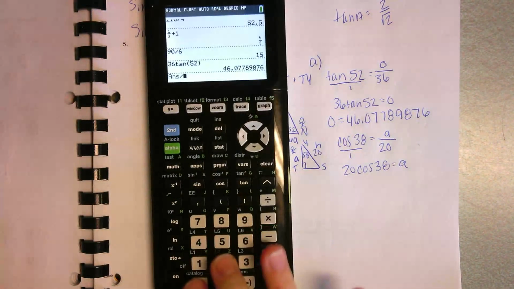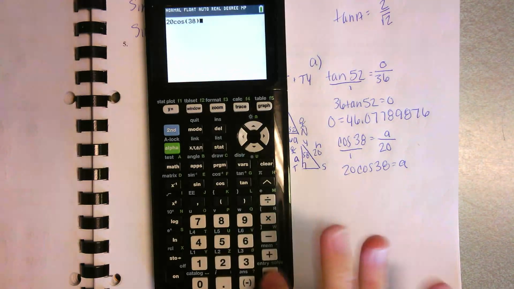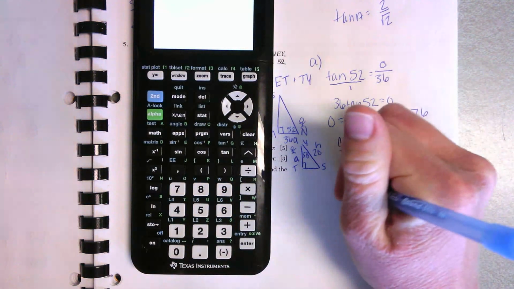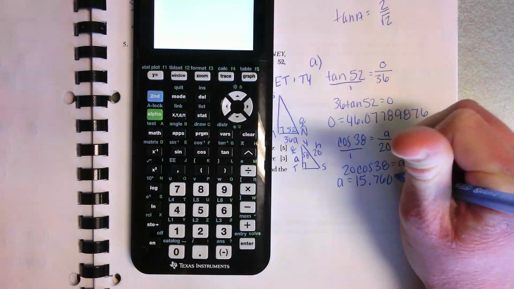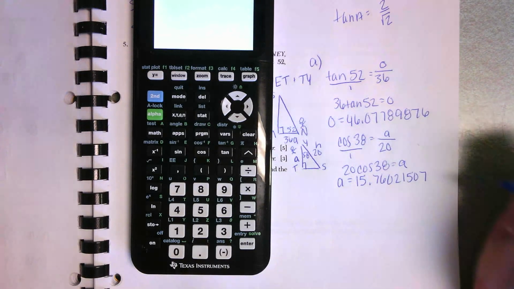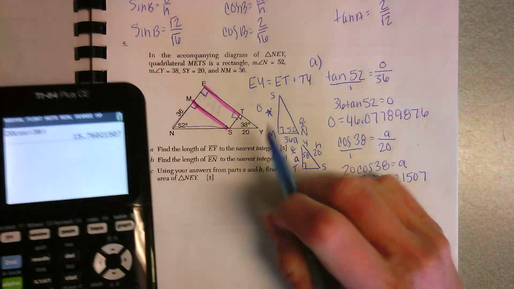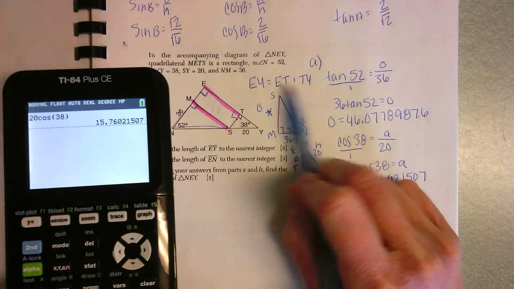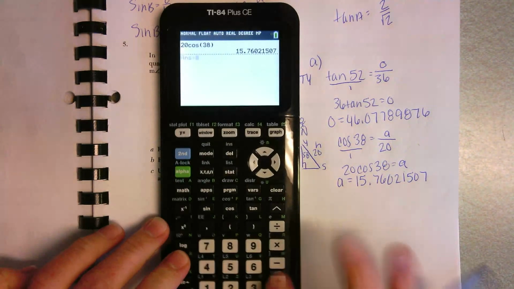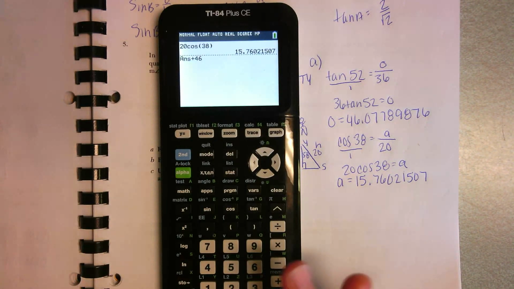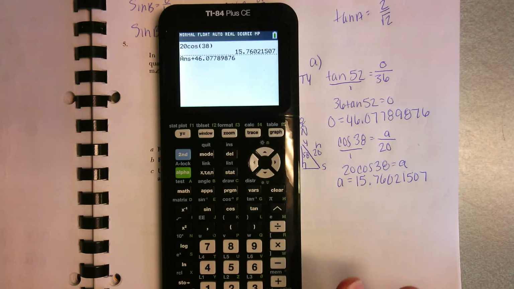So 20 times cosine of 38 is equal to this. So my adjacent is 15.76021507. Now I need to find the length of EY. So I can take these two lengths and add them together, so plus 46.07789876.